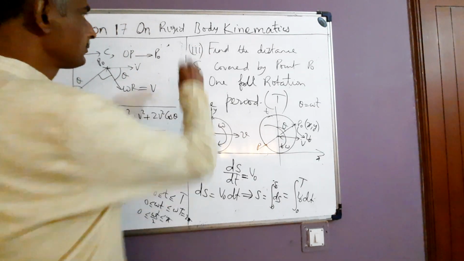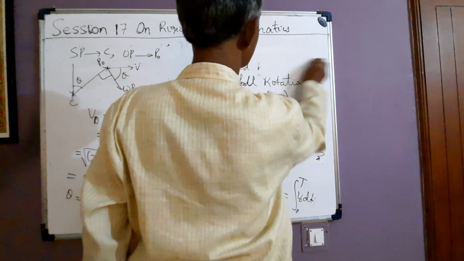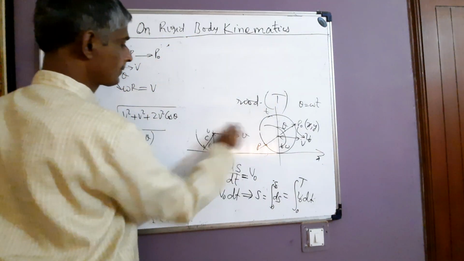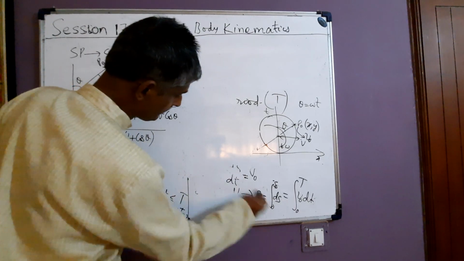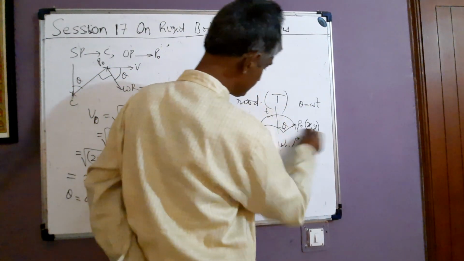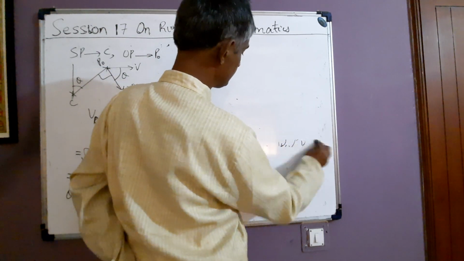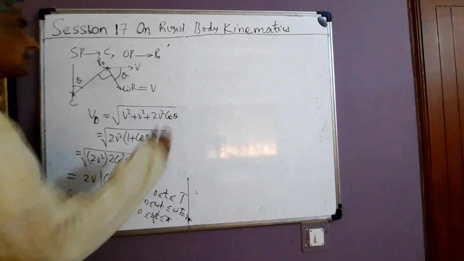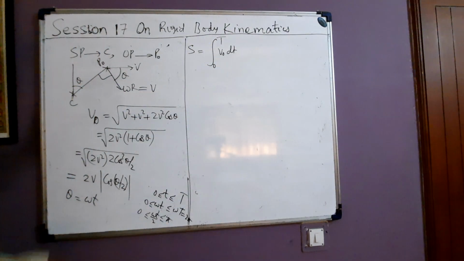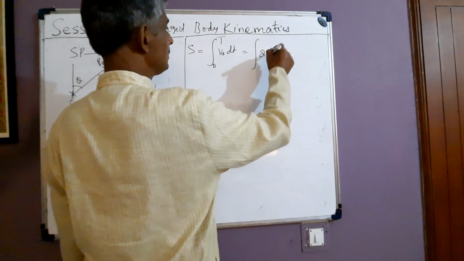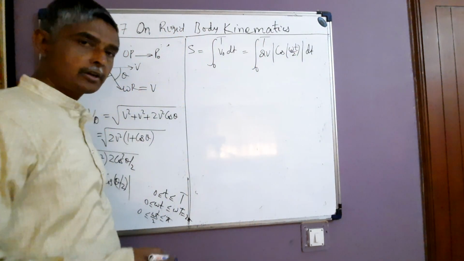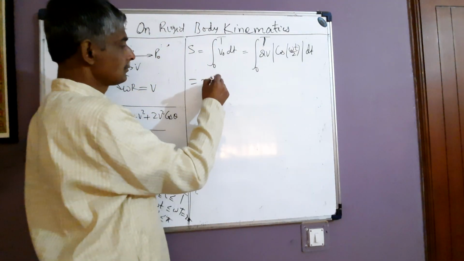Now what I do, I rub this one. Alright. So distance S covered will be integral of V naught dt from 0 to T. V naught is this much, 2V mod of cos of omega t by 2 dt, 0 to capital T. 2V comes outside.